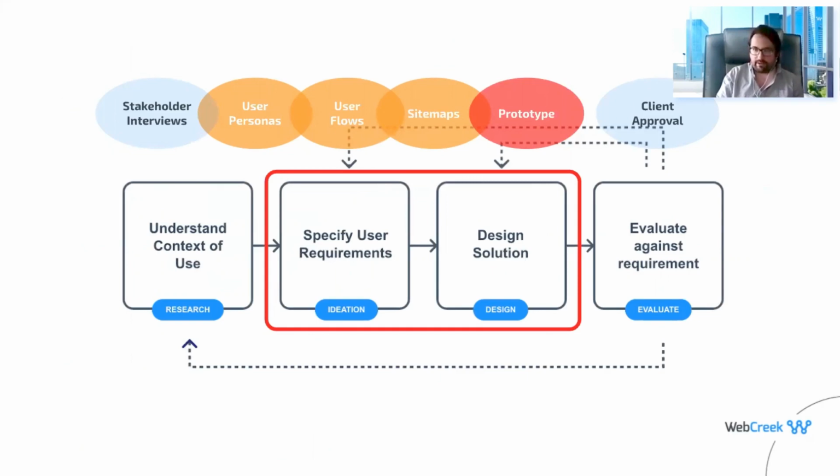And coming back to the diagram I showed in session 1, within the process where we focus on ideation or analysis, which are kind of the same thing, and going through design, we have stakeholder interviews. Usually those are the clients. We build personas, we create user flows, we create sitemaps, and we develop a high fidelity prototype that is finally client approved.